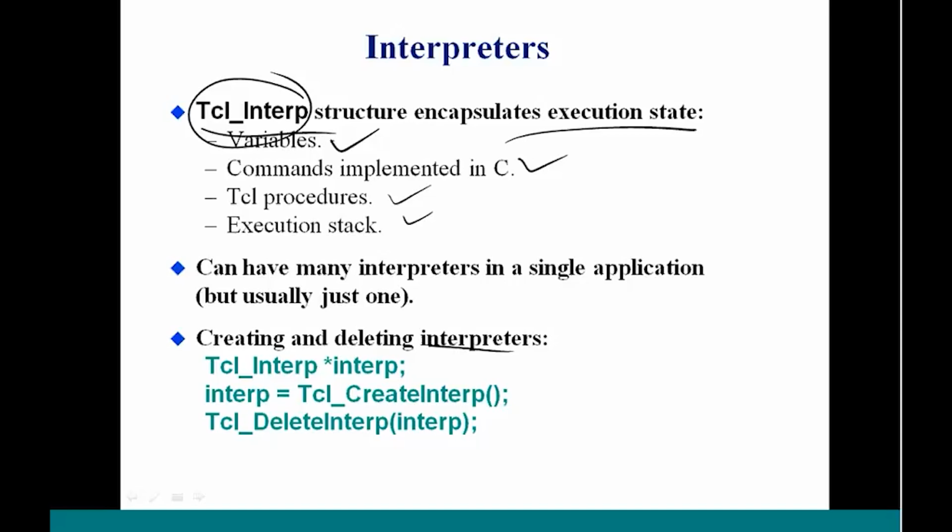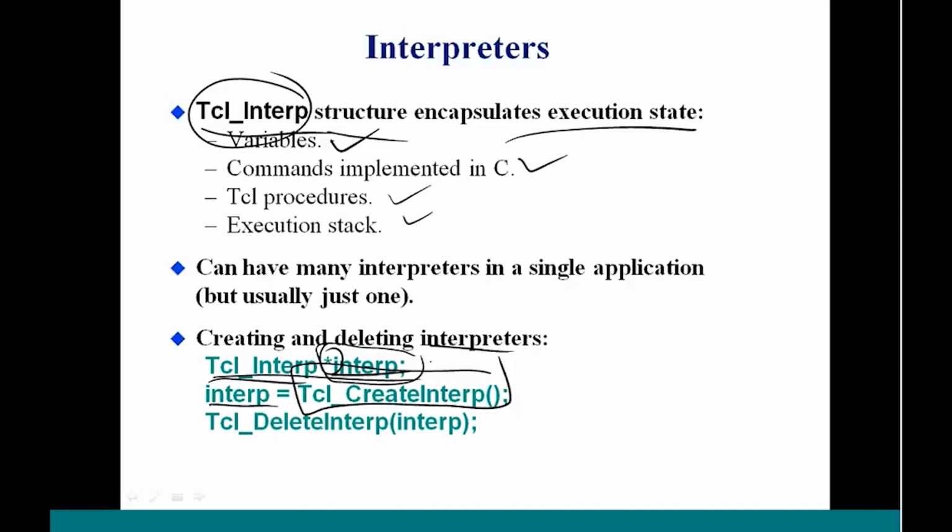The way to create an interpreter is Tcl_Interp asterisk interp. This basically creates the structure, and then we can point that structure to the create command, Tcl_CreateInterp.